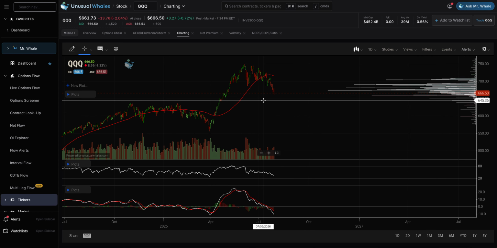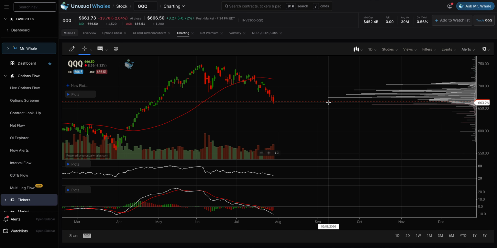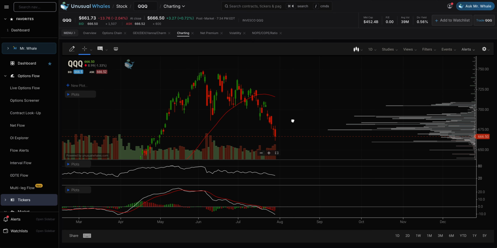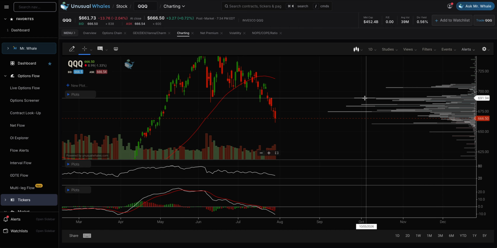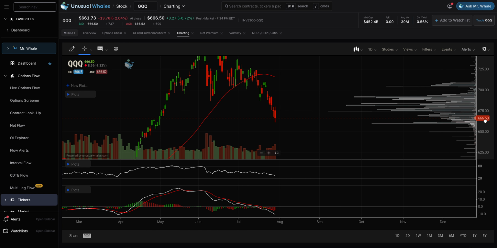So, let's see. With the triple hues here, all of these large nodes here is dark pool volume. Dark pool volume is basically generated by large institutions.